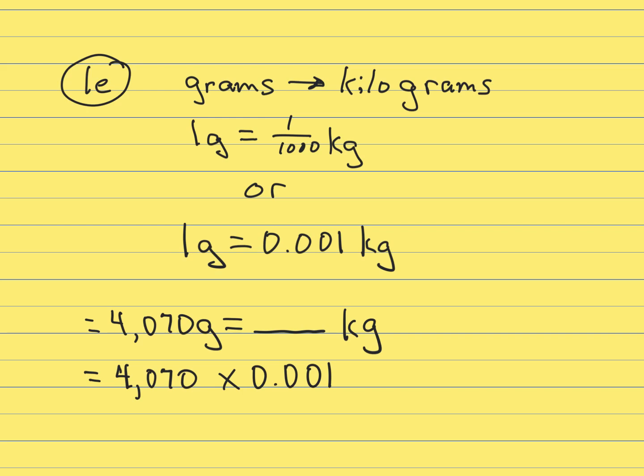We multiply by 0.001. We just move the decimal over 1, 2, 3, and we get 4.07. You can put the 0, remember, or not on kilograms. You put it there, or you don't have to put it there.